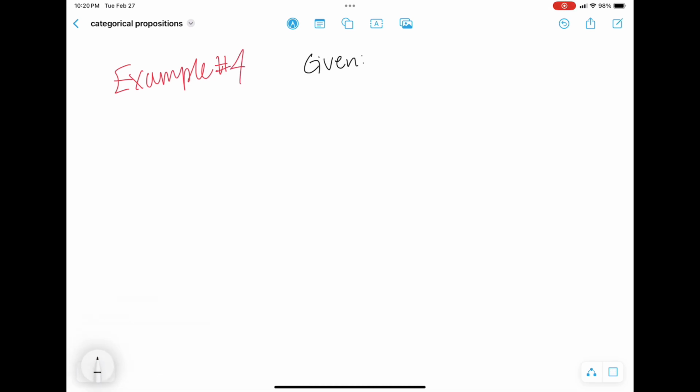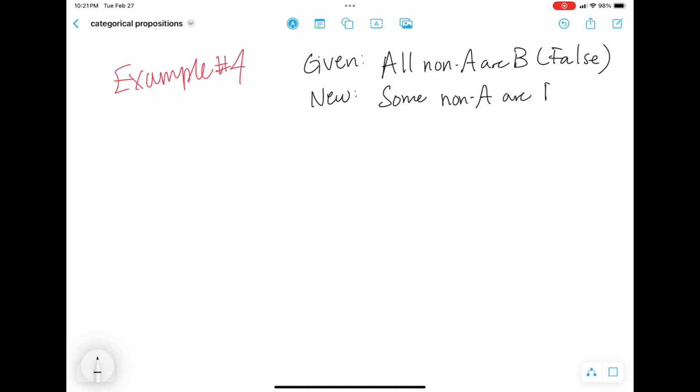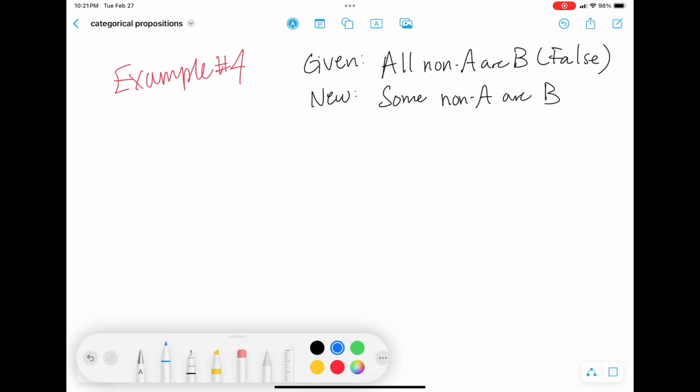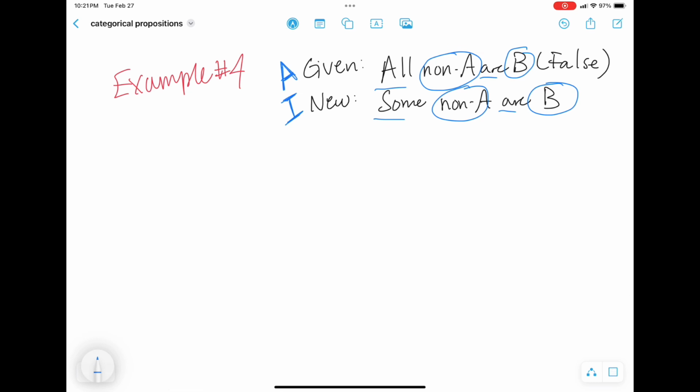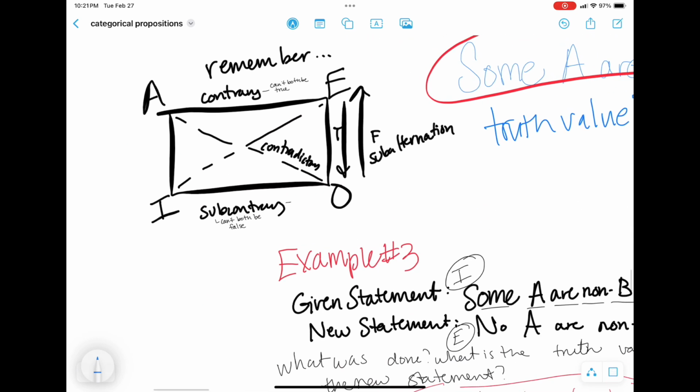Okay, next example, example number 4. Given claim, all non-A are B. We're given that this claim is false. New claim, some non-A are B. Again, the terms are in the same position, so we know it wasn't contraposition or conversion or anything like that. We start with an A claim and we get an I claim.